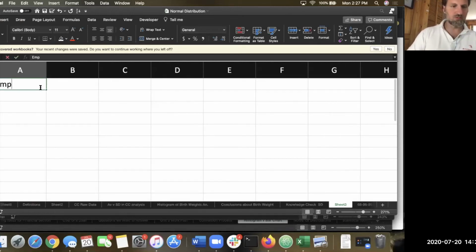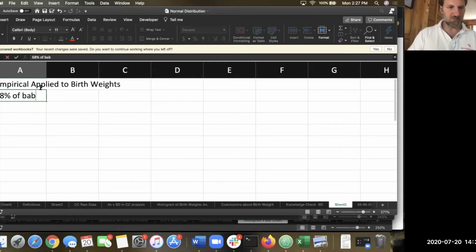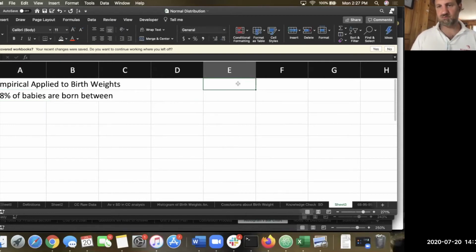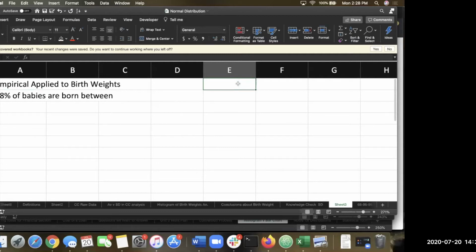So the empirical rule: 68% of babies are born between, and this is where the math comes in, very straightforward. What was the average baby's weight? 3.39 kilograms.